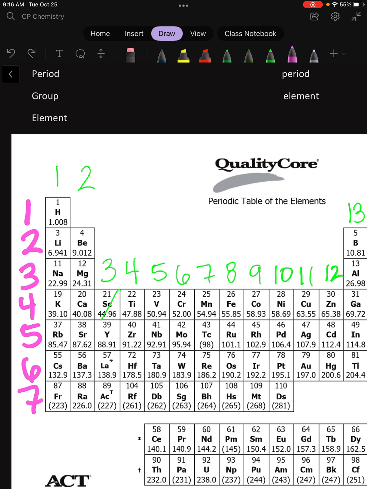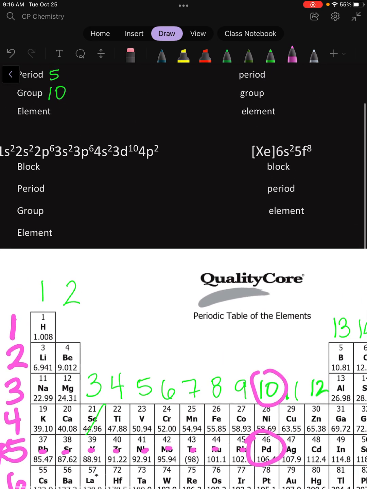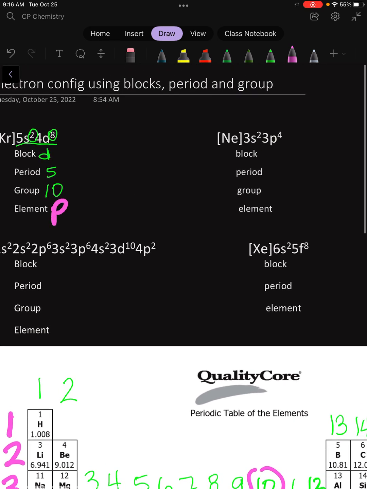So period 5 is here. Group 10, 2, 3, 4, 5, 6, 7, 8, 9, 10. Or we could have just found that and came down. So period 5, group 10. So that is Pd. Okay, that is the element.